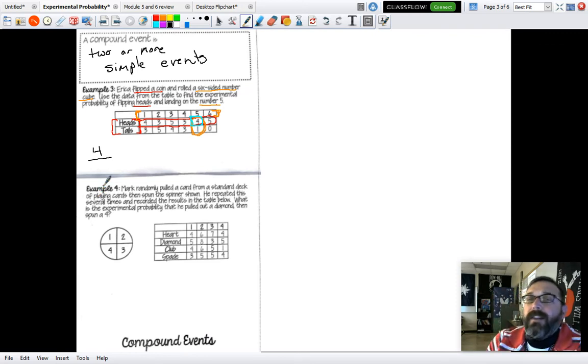How do you think I'm going to find the total number of events? You got it. Just like I did before, I'm going to add all of the times I did the experiment. So the easy way I like to do this is I'll go across and then I'll go down. So 4 plus 3 is 7. Add another 5, that's 12. Add 3, that's 15. Add 4 is 19.